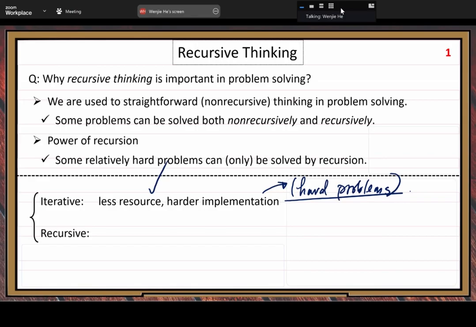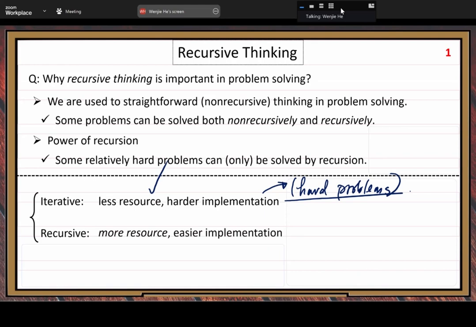In 8.2, I will show you one example where we need to use recursion. After we solve the problem, you can think about whether you can solve it using the iterative method. Impossible.